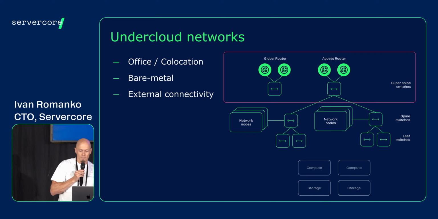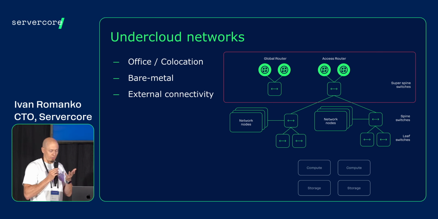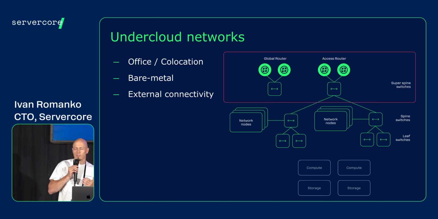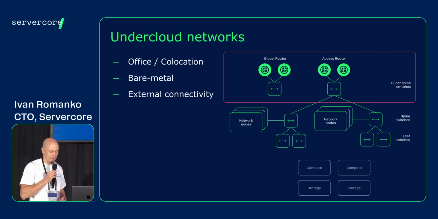And the main part here is the access router. Access router is something that makes public connectivity happen. So these are routers which can tell the world about public networks they are ready to accept. BGP, all that stuff happens here.